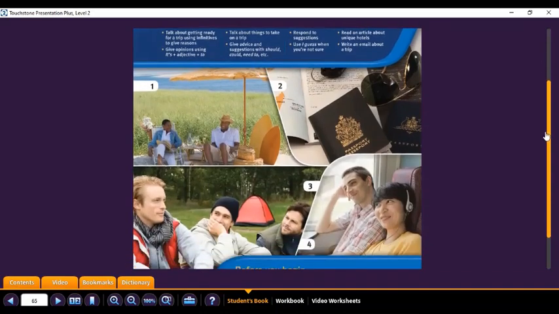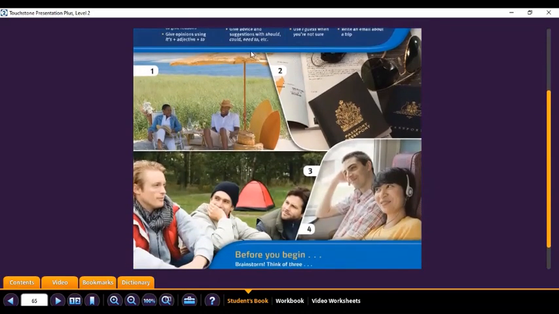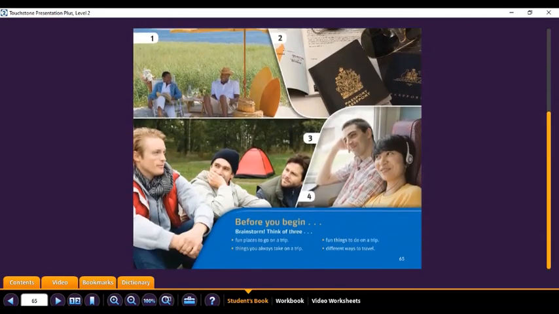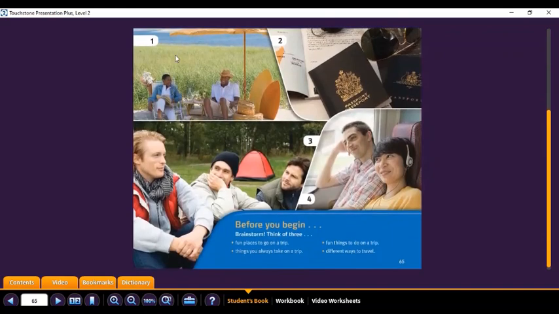Okay, and as you can see here in these images, you have 4 images, okay? But the first activity will be that we are going to make a brainstorm about one of these images, okay? We are going to make a brainstorm about fun places to go on a trip, about things you always take on a trip, fun things to do on a trip, and also different ways to travel.